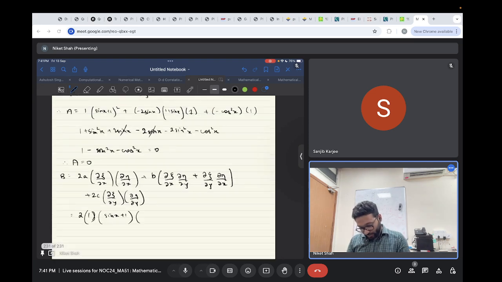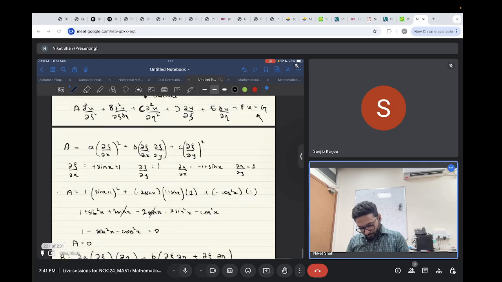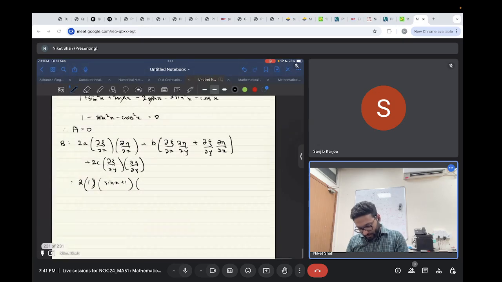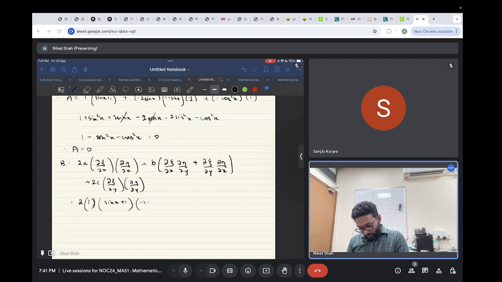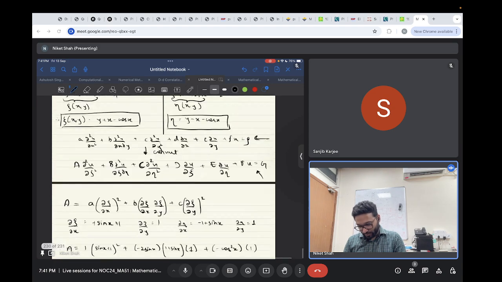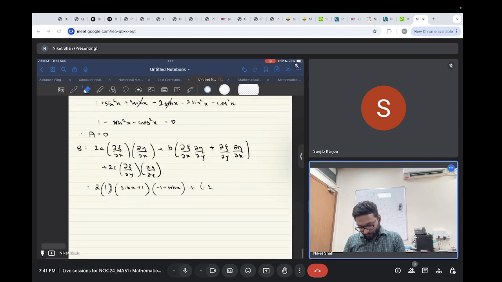So here, del zeta by del x, del eta by del x: minus 1 plus sine x, minus 1 plus sine x, plus b. Is that true? b is minus 2 sine x, sorry, minus 2 sine x.